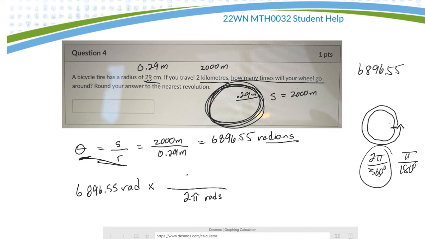So 2 pi is the same as 360 degrees, which is the same as 1 revolution. So 2 pi radians on the bottom, so the radians cancel, is the same as 1 revolution. I could have put 360 degrees up there, but it wouldn't answer the question.